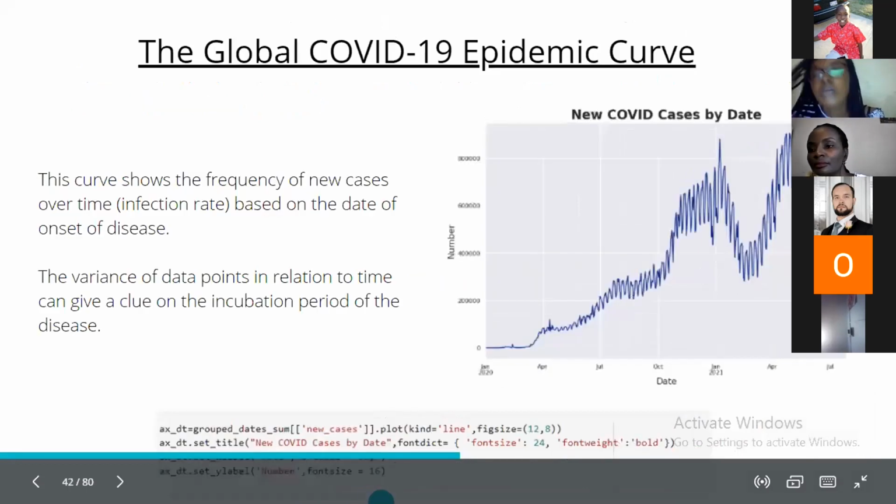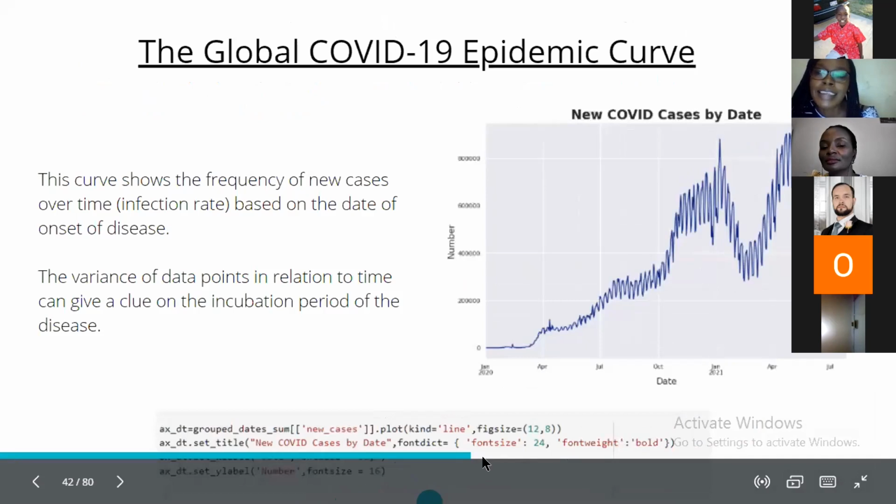In addition to that curve, we also look at an epidemic curve. This epidemic curve is mostly used by epidemiologists to try and figure out the source of an epidemic, as well as estimate the incubation period of a particular disease.